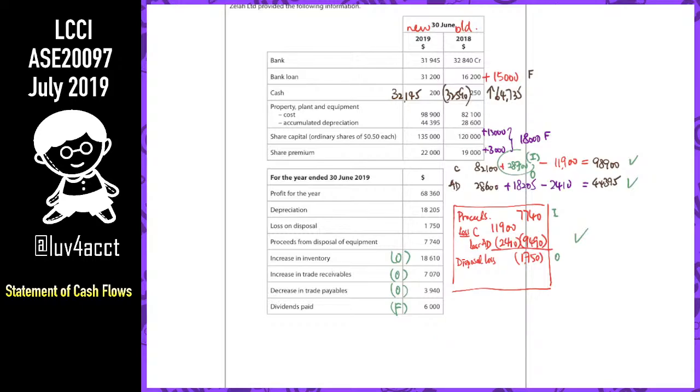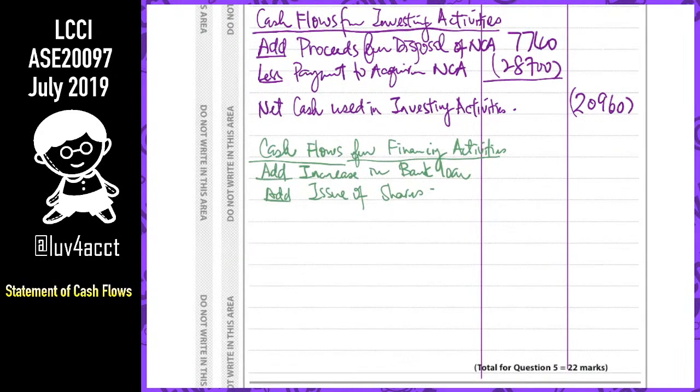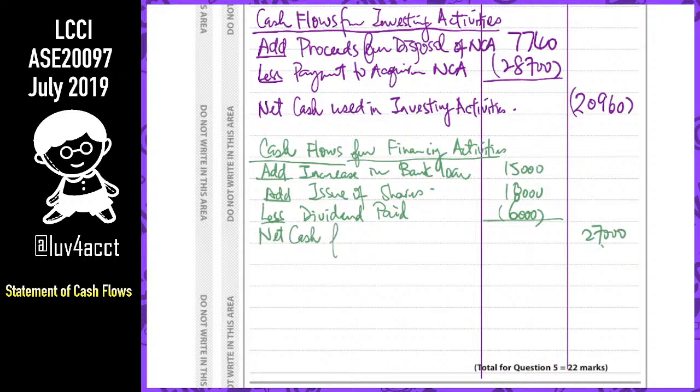Dividends paid 6,000, given to you directly, less dividend paid. Okay, so we have 6,000. Okay, and then 15,000 here, 18,000 here. Okay, so 15, 18, minus 6,000, 27,000 positive. Net cash from financing activities.